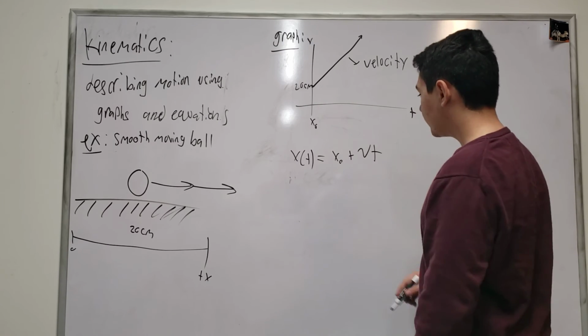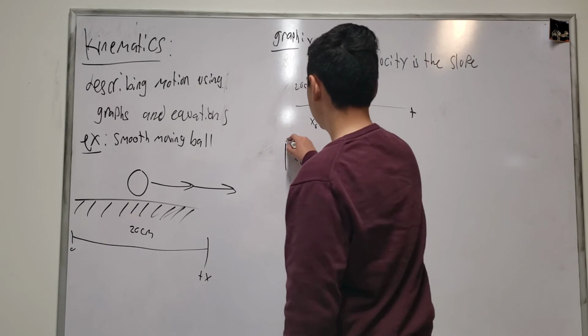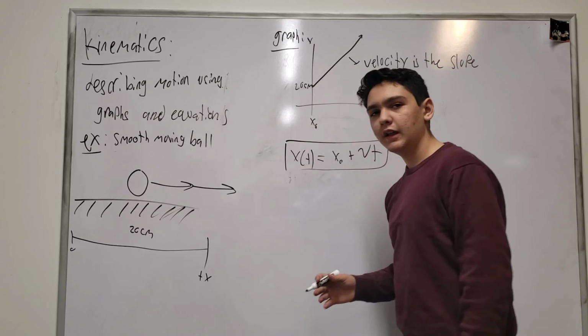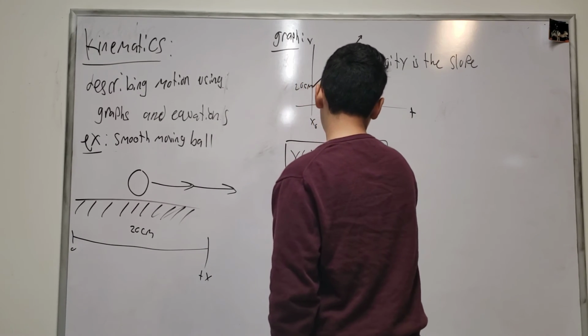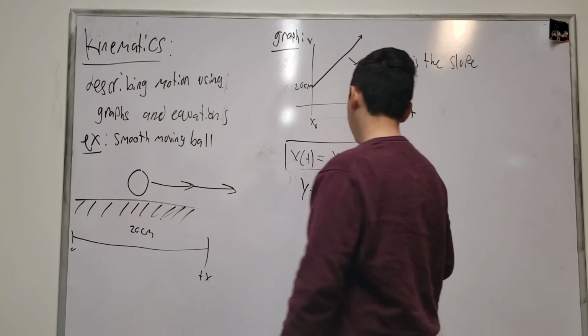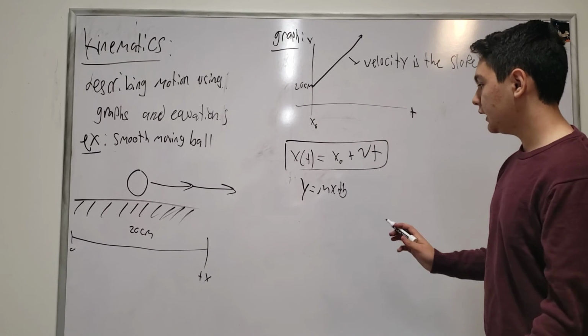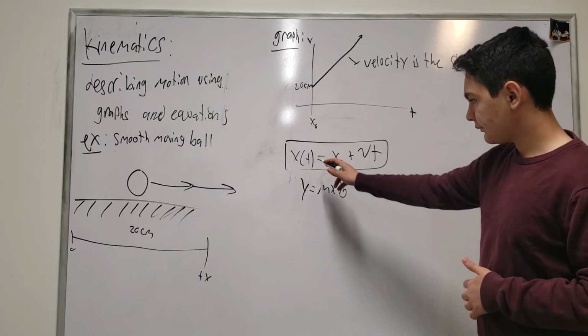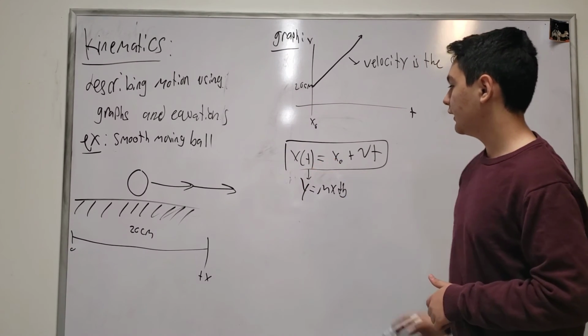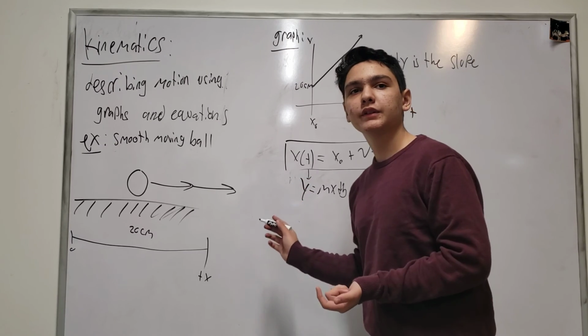So if this looks familiar to you, good. It looks like slope-intercept form, y equals mx plus b. So x of t is the same as y, or f of x. This is pretty much the same thing.